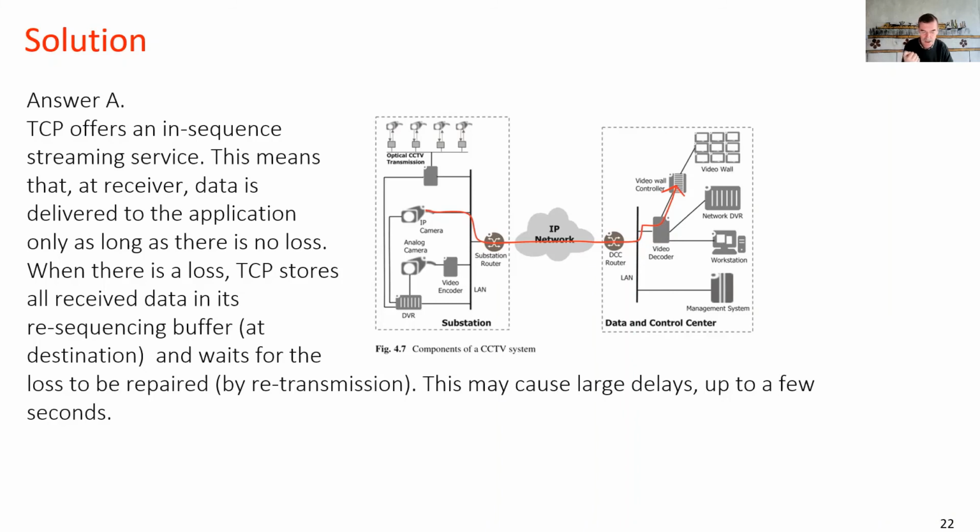So if packet N is lost, on the receiving end, the video will freeze until the loss is repaired if we use TCP, which is very often the case here. So it will cause large delays. Depending on the size of the network, it may be up to a few seconds. And that's one of the issues in the smart grid, that's the use of TCP.